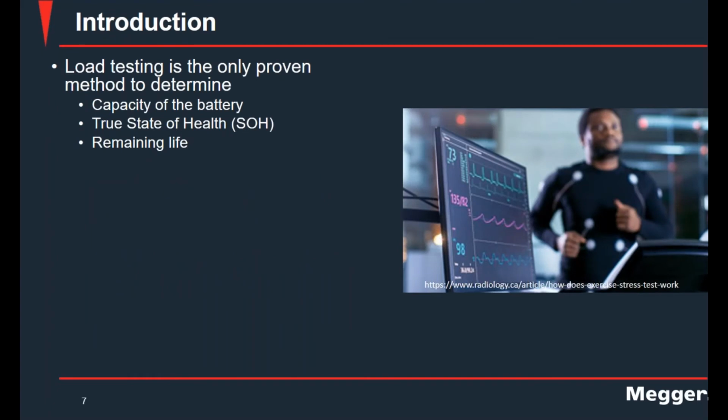It is the only proven method to determine the capacity of the battery. To measure the remaining capacity in the battery, you want to use the load test. This is also a way to see the true state of health, the condition at a certain time in the life of the battery, and basically it tells you the remaining life.